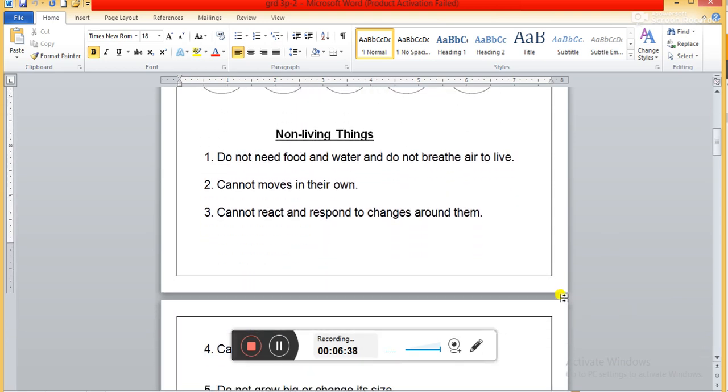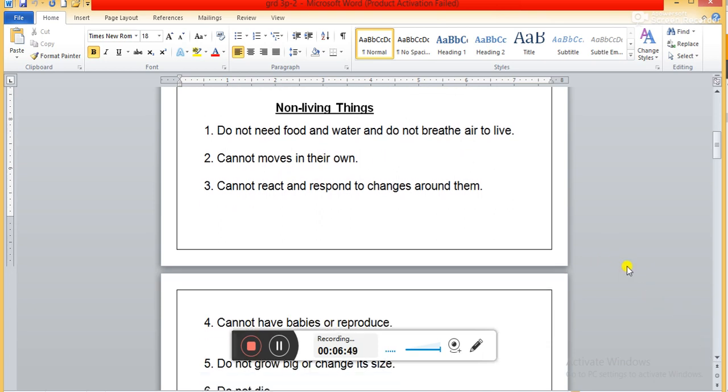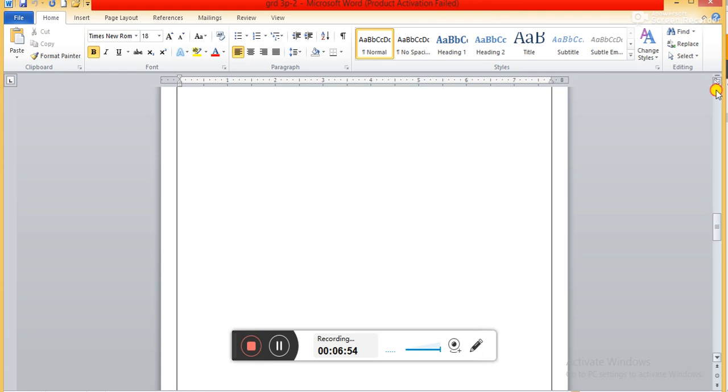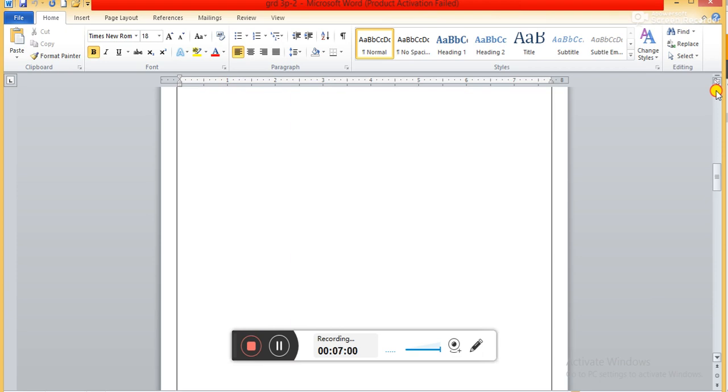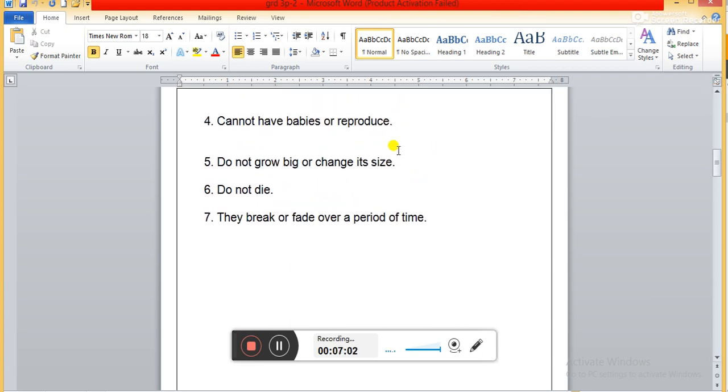See, it says that non-living things do not need food and water and do not breathe air to live, cannot move on their own, cannot respond to changes around them, and cannot have babies or reproduce. They do not grow big or change their size. They do not die, and they only break or fade over a period of time.